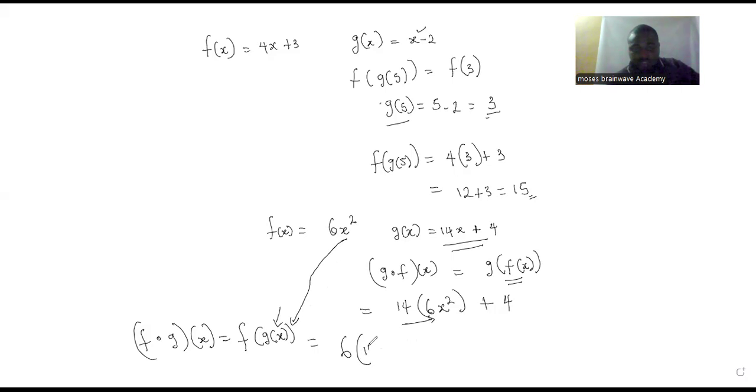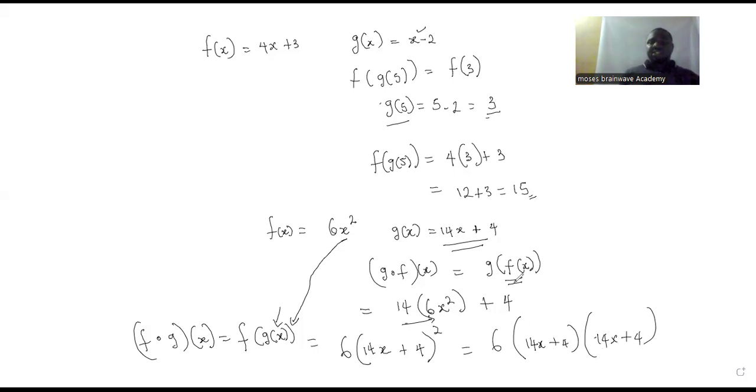It is 14x plus 4, all squared. Then I have something like 6 into 14x plus 4 multiplied by 14x plus 4. Clearly, you can do this with your calculator, expand, and then find the value.